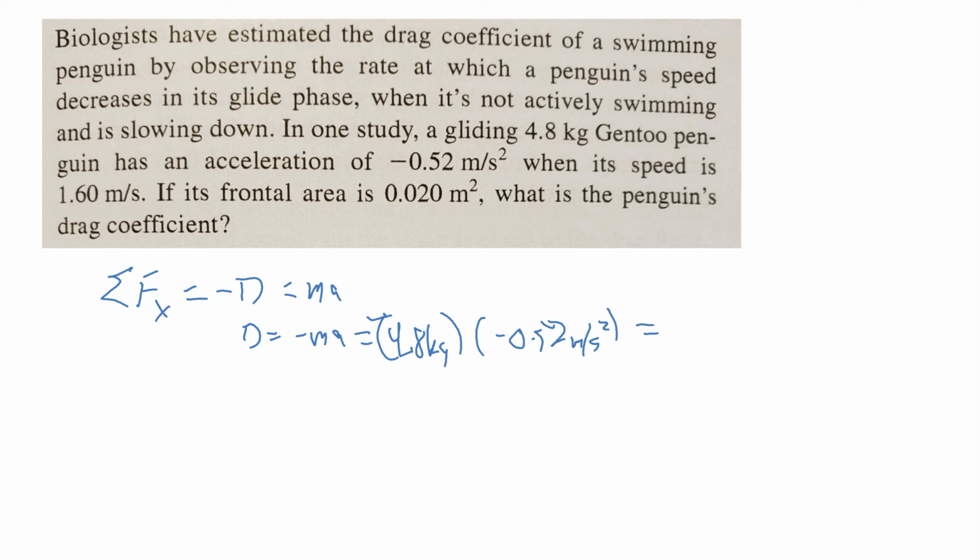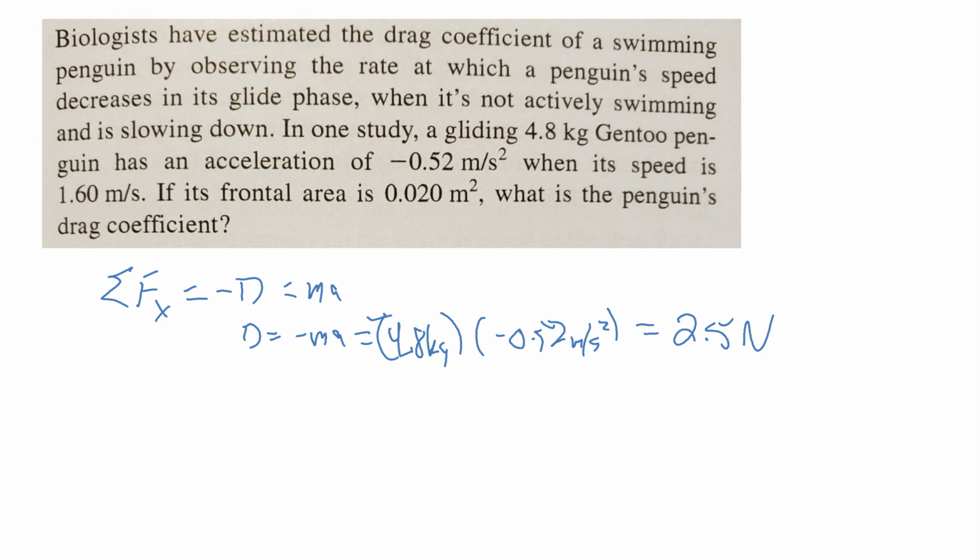It will be positive. Okay, so 2.49 would become 2.5. We only have two significant figures here. So 2.5 newtons. Keep that calculator answer of 2.49. All right, so now we know the drag has a force of 2.5 newtons.